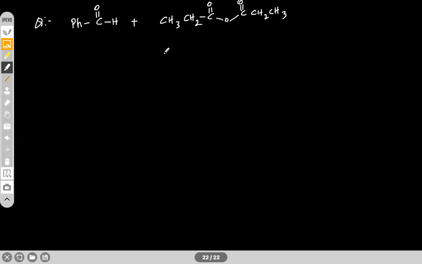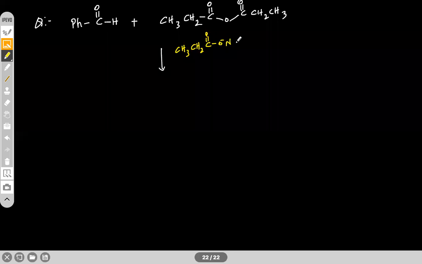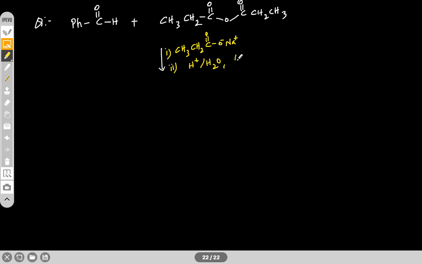Tell me the reagent we should use here. What is the reagent here we should use? CH3CH2 C double bond O, O minus Na plus. And in the next step, it is fixed. We have what? H plus H2O and heating. Tell me the product in this reaction.